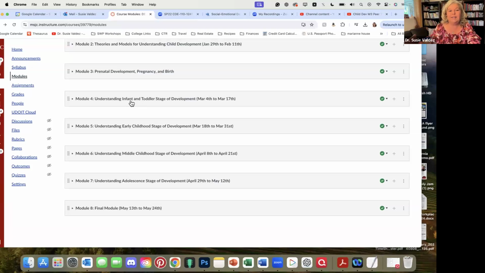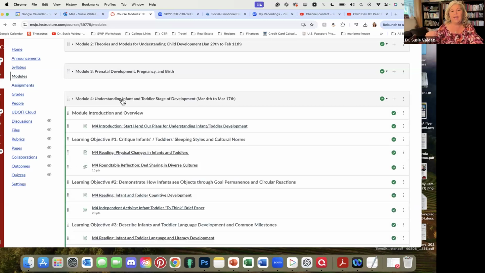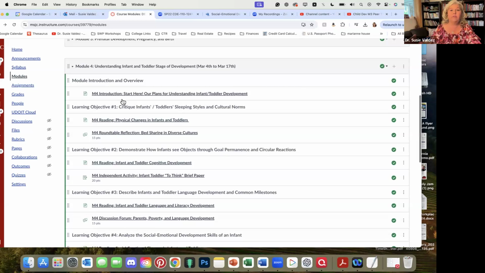All right, so take a look here. We are now entering the infant and toddler stage of development. Don't forget that we're going to do this module and then go into early childhood, then middle childhood, and then adolescence. So we're organizing this by stages, and in every single module, we're going to focus on the domains.